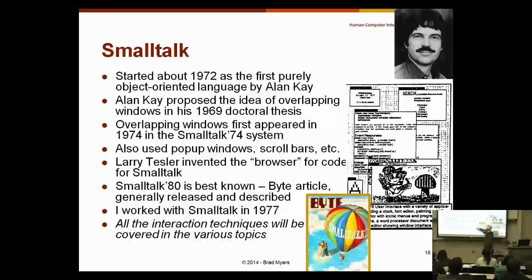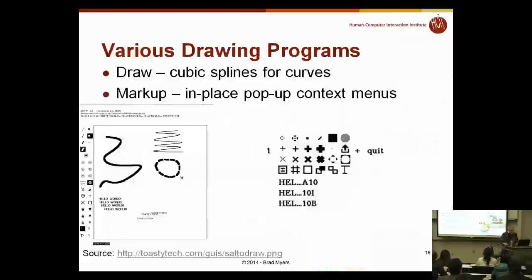I actually worked in Smalltalk at Xerox my first summer there in 1977. It kind of looked like this at the time. It used a lot of these interaction techniques way back then, and we'll be covering all these interaction techniques in the various sections. The way they did scroll bars and menus and all this stuff was pretty innovative.